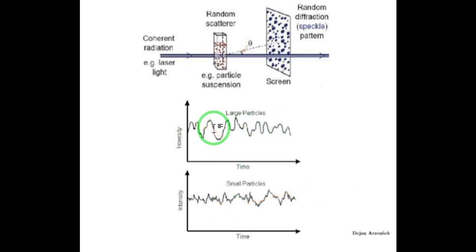It is obvious that we have the peaks, the maximums and the minimums here, which are far from each other. However, here you see how much closer the peaks, the maximums and the minimums are with respect to each other. So we must find a way to extract the information.